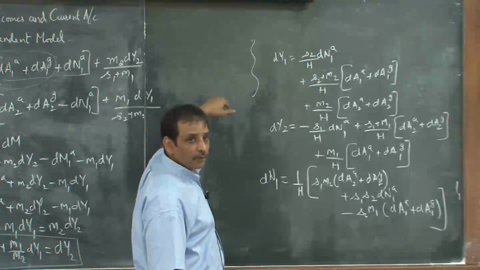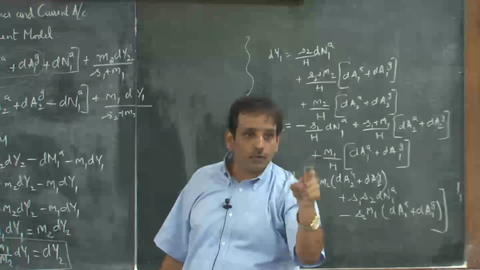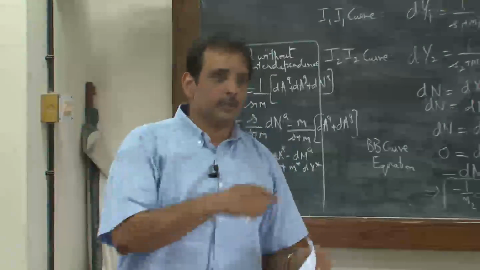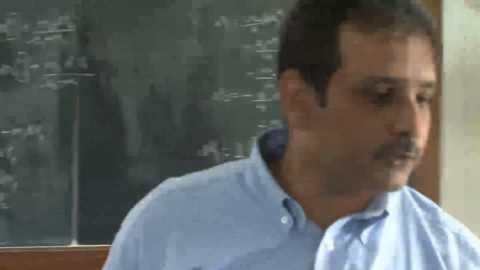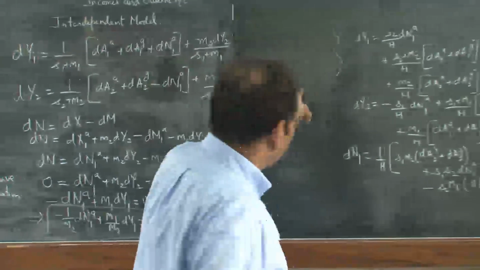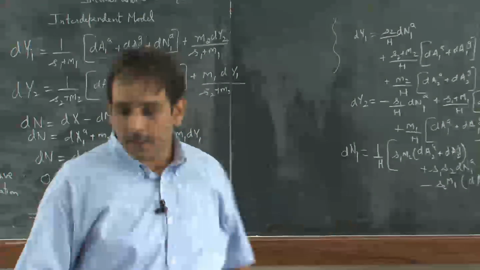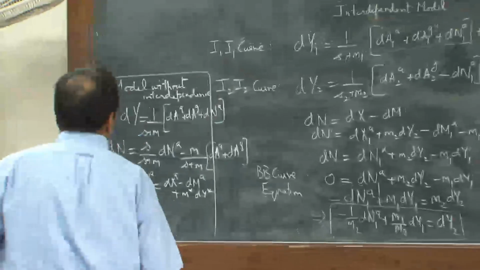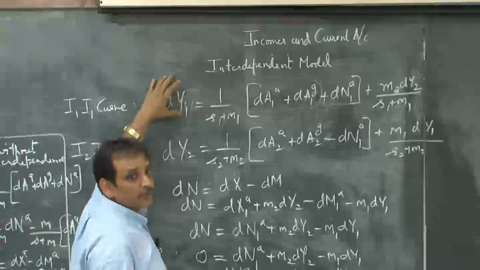But when you solve for this, that means if you are talking of that point Q and Q dash, do you see the point Q and Q dash? That point Q and Q dash in the first handout, that is page 340, is a reflection of those dy1 and dy2. Okay. But if the I1, I1 curve is a reflection of this.